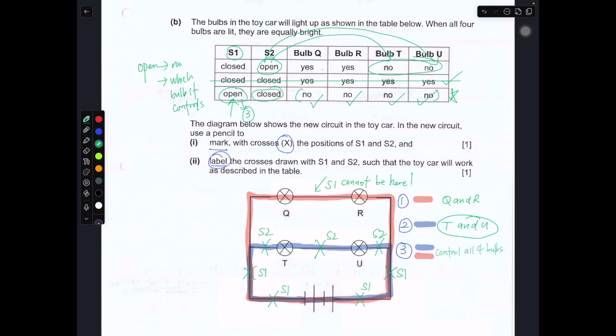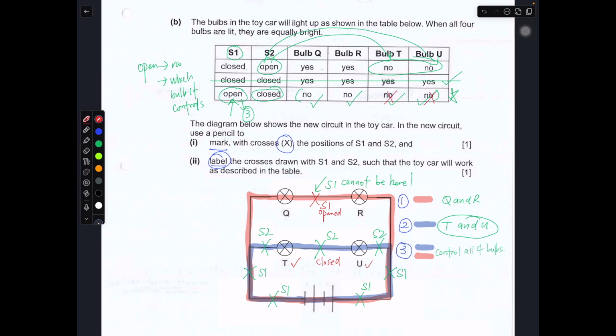And this is due to the reason that S1 is open, S2 is closed. If you put S1 here, and S1 is open and S2 is closed, then for the third condition, you will have T and U light up, which is not the case.